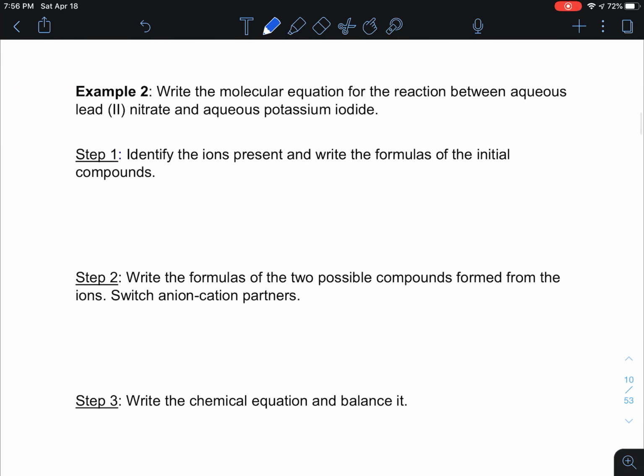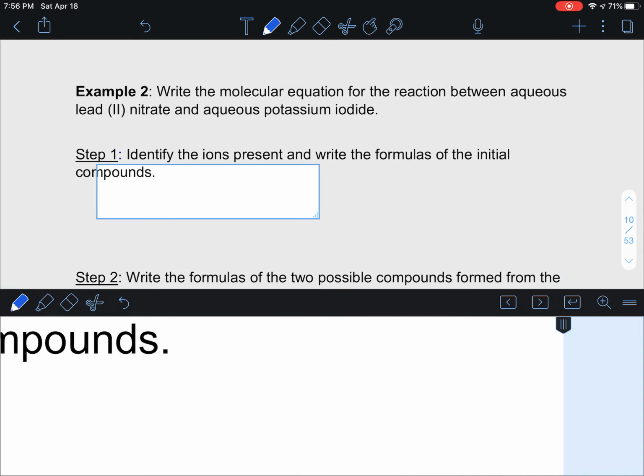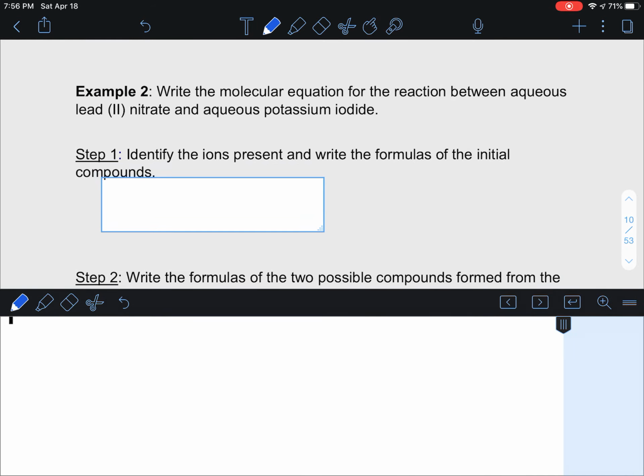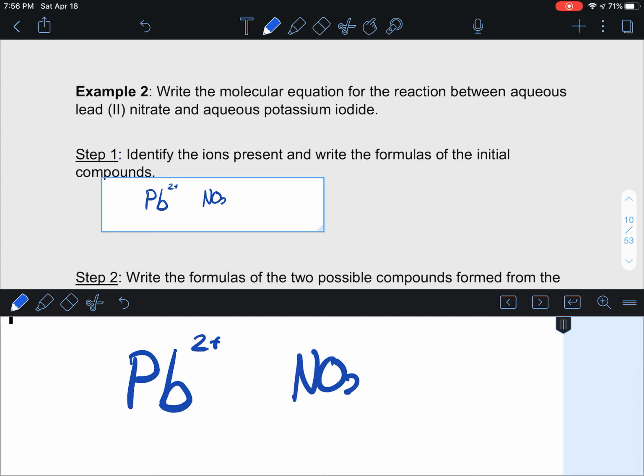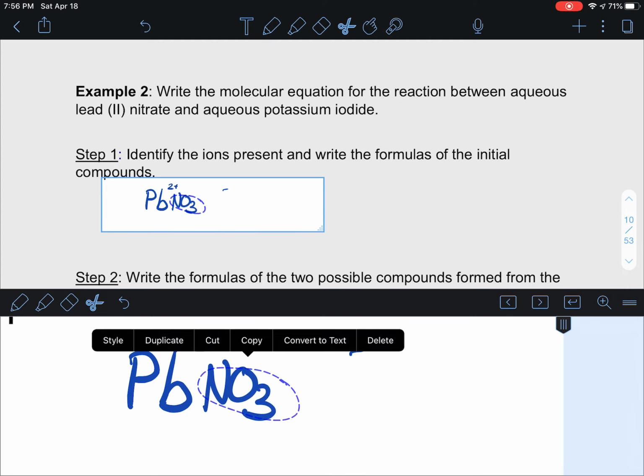So here we have a molecular equation for lead 2 nitrate. We need to write out the compounds, the ions present, and write the formulas of the initial compounds. So we have lead 2 nitrate, so that means lead is 2+ here, and nitrate is NO3-, and it will be soluble. I like to write them out as the chemical being broken down.